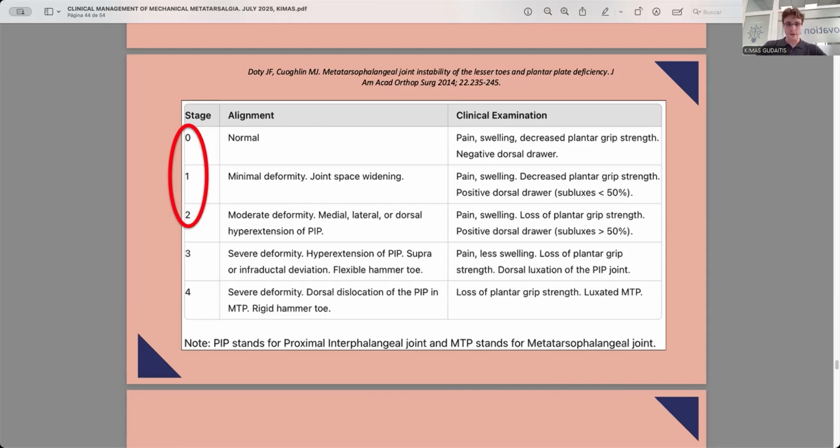In all these stages, we recommend using the Fixtoe device, especially during the acute pain period, while we are also designing the patient's orthopedic insole. The 2 treatments, Fixtoe and insoles, work together to reduce symptoms and improve the function.